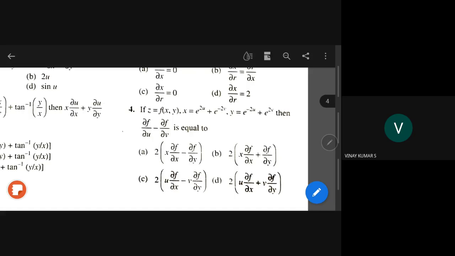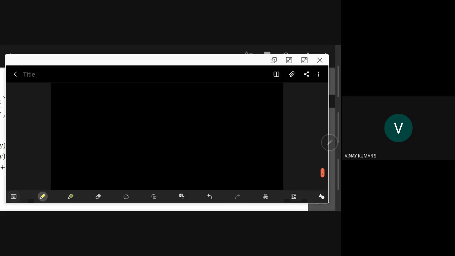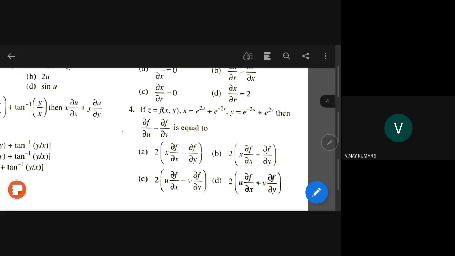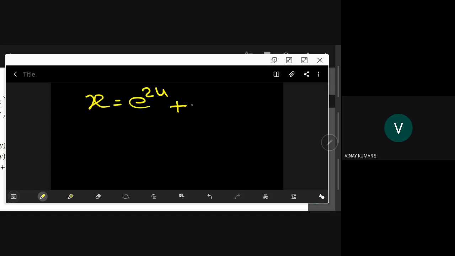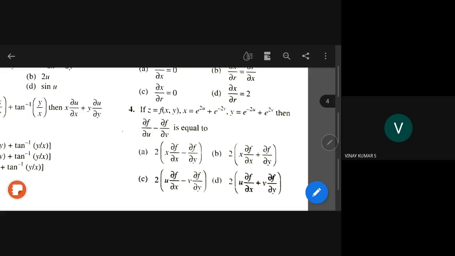Now the next question. x is equal to e^(2u) plus e^(−2v), and y is equal to e^(−2u) plus e^(2v).